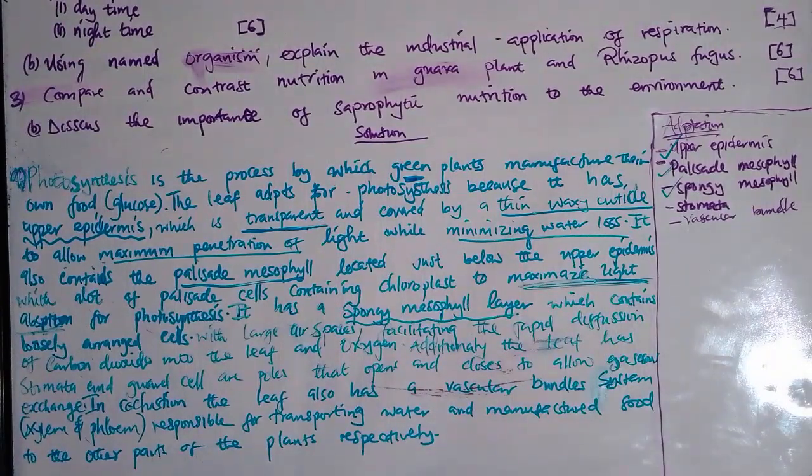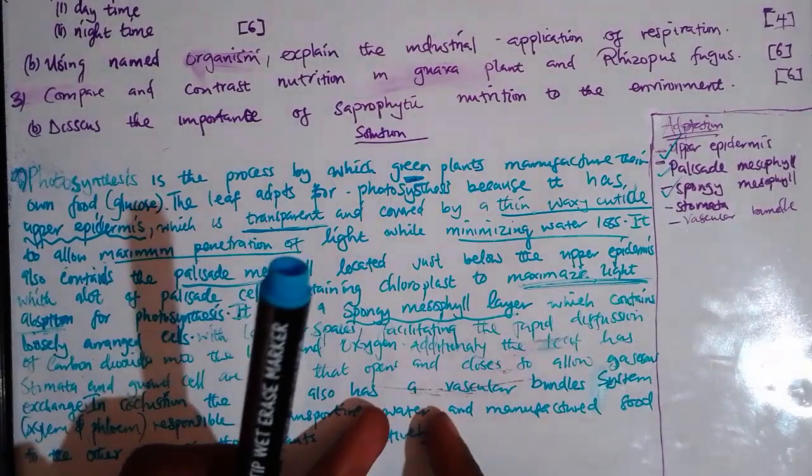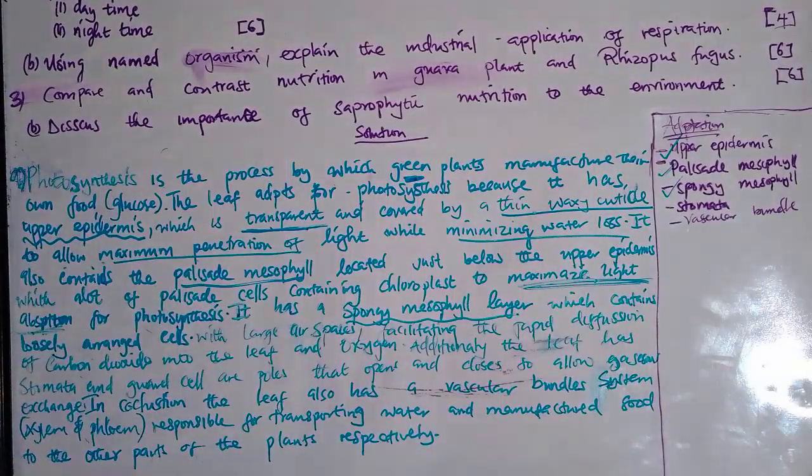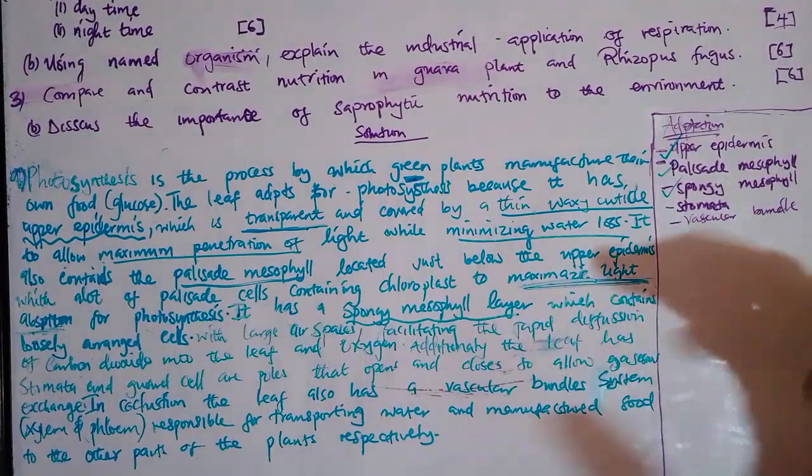Yeah, so what do we mean when we say respectively? So we are saying that the xylem transports water while the phloem transports manufactured food. So the way I've written them and the way I've written their function is the way they perform their function.